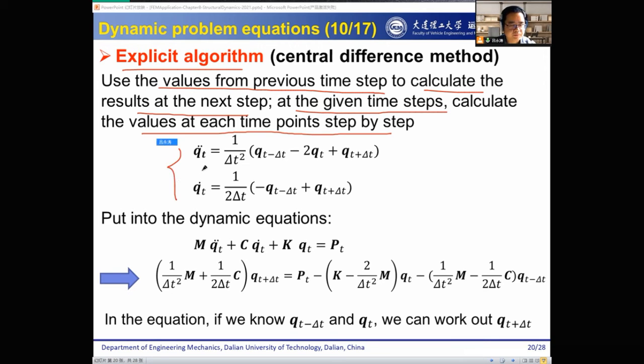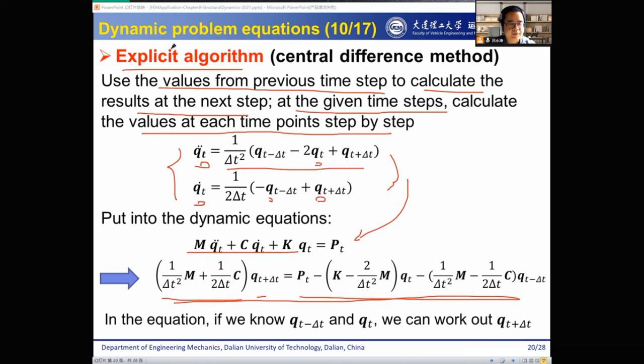We have the acceleration and the velocity, and those are calculated from the displacement. Then we put all those equations into the stiffness equation, do the mathematics, and in the end we get this equation.